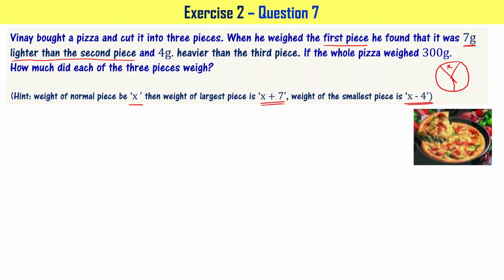If x is 7 grams lighter than the second piece, it means the second piece is going to be x plus 7 grams, right? The second piece is x plus 7 grams. The first piece is x grams, meaning the first piece is lighter than the second piece by 7 grams. Got it?